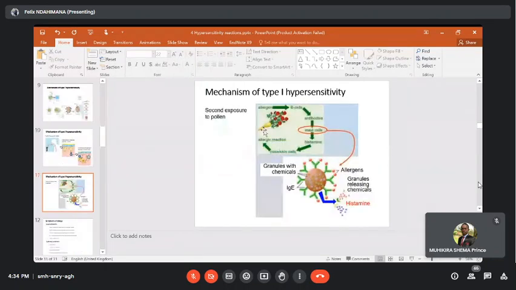On the second exposure, the mast cells are already sensitized, so there will be another production of antibodies, and then they will cross-link around these basophils, and the mast cell will degranulate, or burst, and release the internal content. This internal content, this histamine and so on, is the one that will cause an allergic reaction.